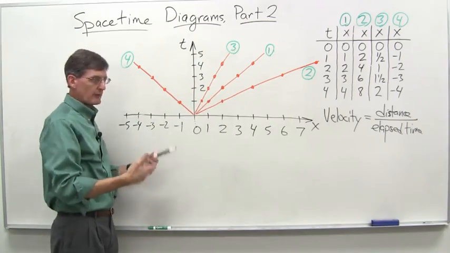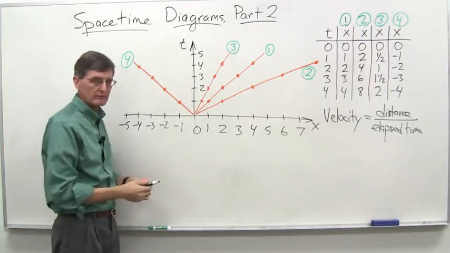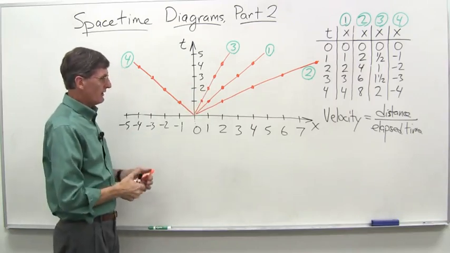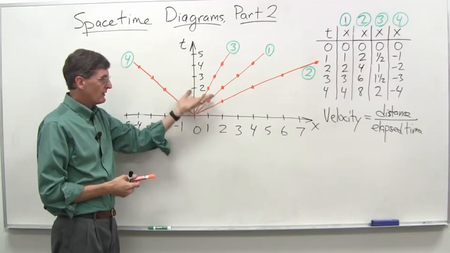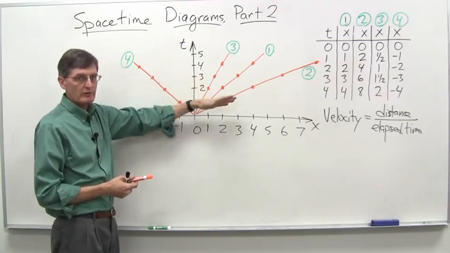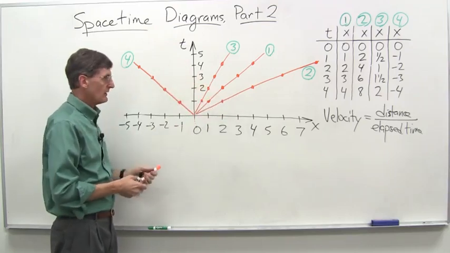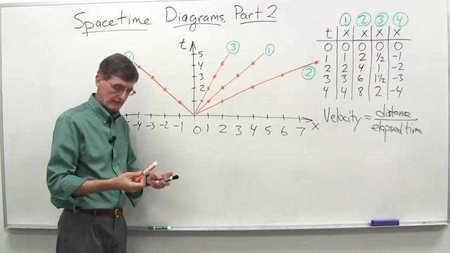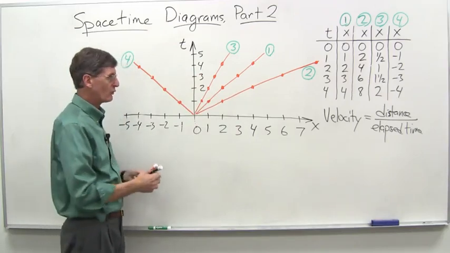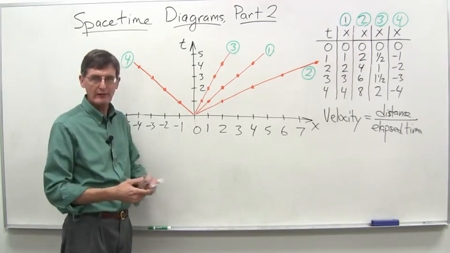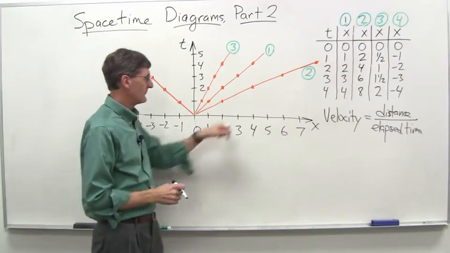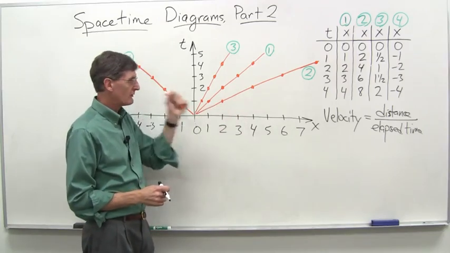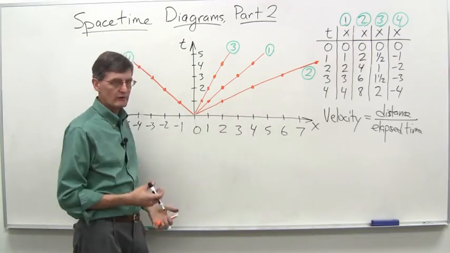Okay, what's the big point here? Because that's pretty straightforward, maybe pretty obvious. Well, let's relate the velocity here to the slope of these lines. And for those of you who haven't had math recently, don't worry, we're not going to do too much with slope. It may be way back in your memory, but you haven't done much with it for a long time, so we're not going to go into the details.